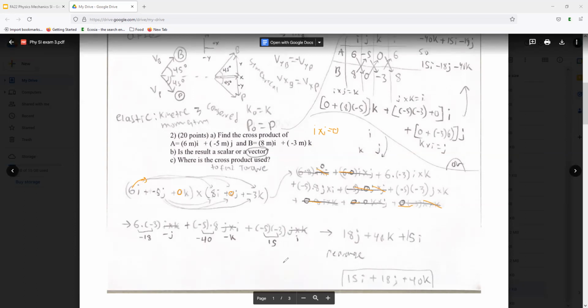And then from there you simplify, you solve for the crossings. Remember that if you're going this way, then it's positive. So I cross J is equal to positive K, while I cross K is equal to negative J, as we see here.